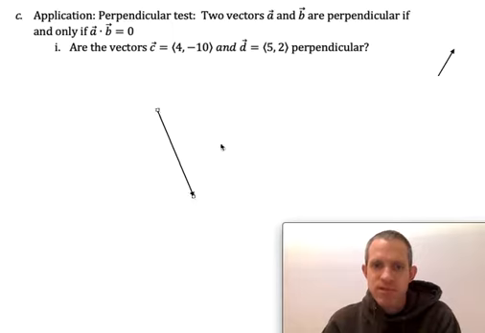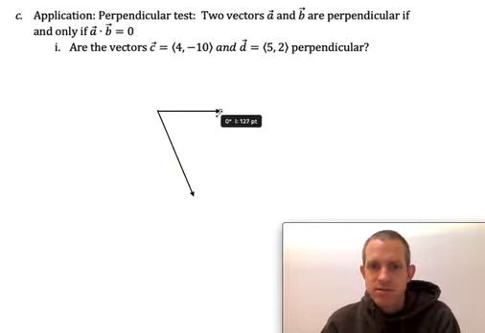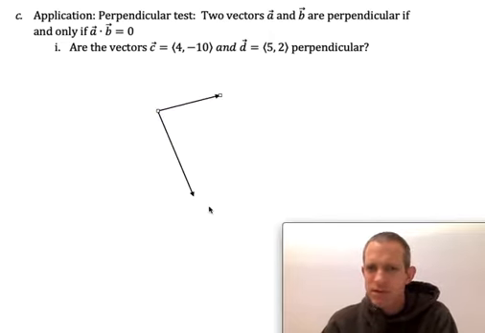And so it might look something like this. And (5, 2) we could interpret as going 5 steps over in the x direction and 2 steps up. And I look at those two vectors, and they look like they're pretty close to 90 degrees to each other, maybe exactly. But it's hard to tell because I didn't draw it very accurately.